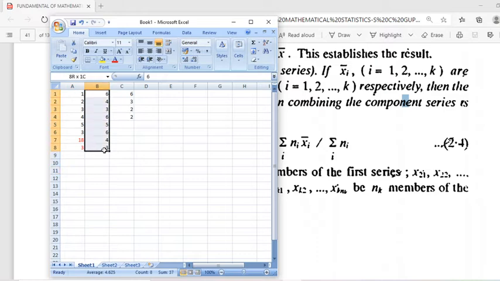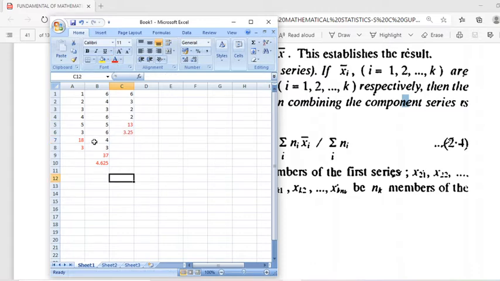And this set of observations has total 37, mean equal to 37 by 8. So what is the total and mean? 37 and 4. This series has total 13 and mean equal to 13 by 4.